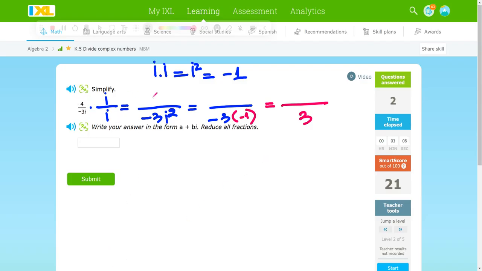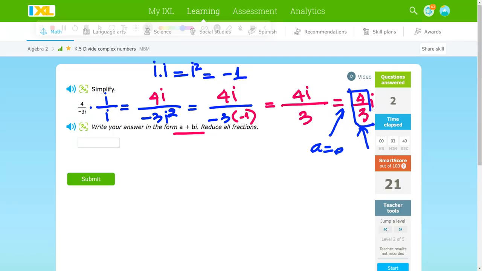So now on the top, I got 4 times I, that's a 4I. Okay? But the answer, make sure in the order A plus BI. So I will break it down as 4/3 and then times I. So in this case the A equals 0, as you can see right here, there's no A there, so A equals 0, and the B equal 4/3.